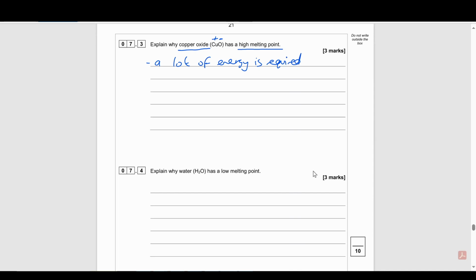But if a lot of energy is required, then that must mean that those electrostatic forces of attraction are strong. So what a lot of energy is required to do is to break the electrostatic forces of attraction, which are strong.